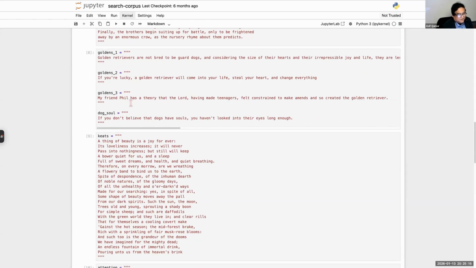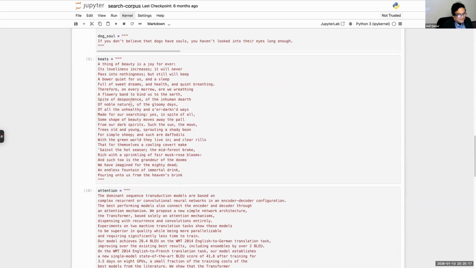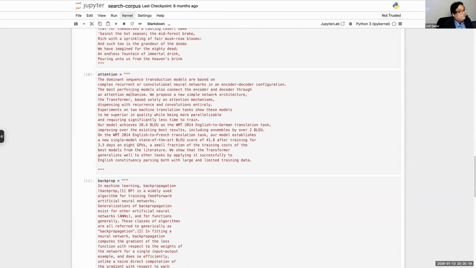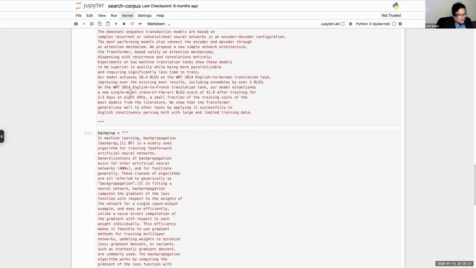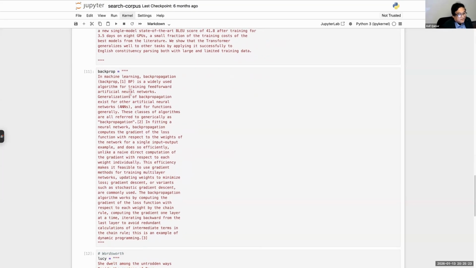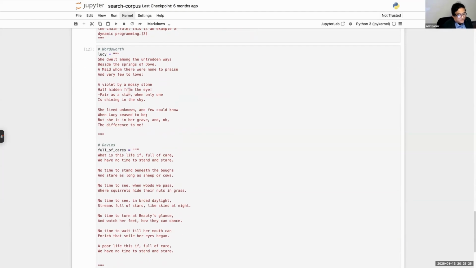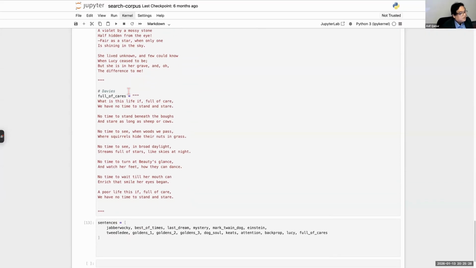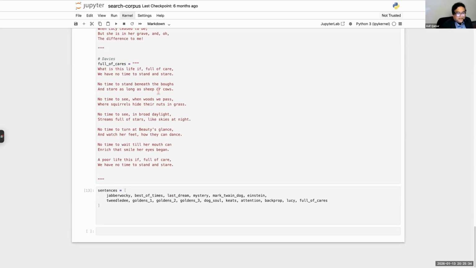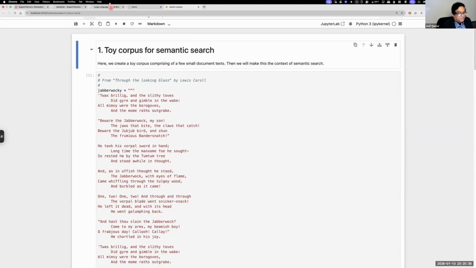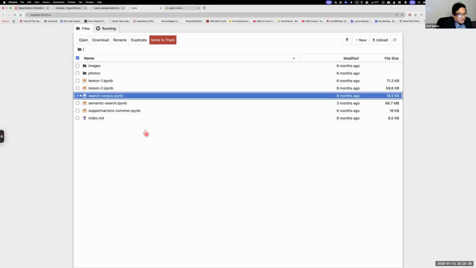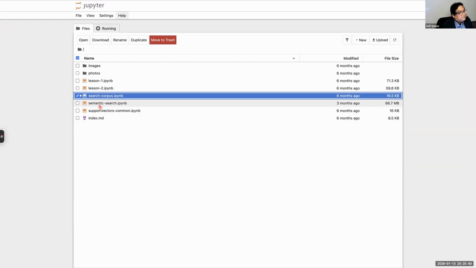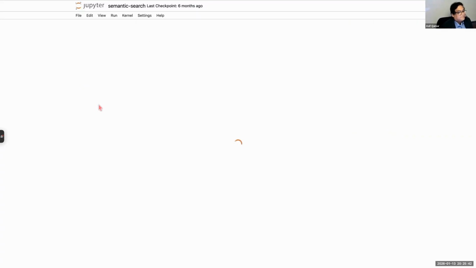Some things about golden retrievers, some things about dogs, Keats. And Attention Is All You Need. Yesterday we talked about that, the abstract of that paper, and some explanation of backprop, some Wordsworth's poetry, some other poetry. So I hope you're seeing a variety of documents, isn't it? Pretty varied documents. We will treat this as the corpus, and we'll go back and see what search means here.